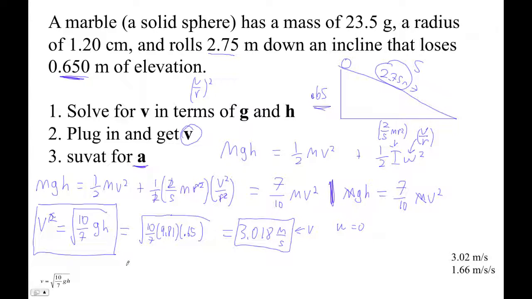So we can go v squared is u squared plus 2as. 3.018 squared is 0 squared plus 2 times a that we don't know, and then the length of the plane is 2.75. So square the number I've got, divide by 2, divide by 2.75, and I get 1.656.